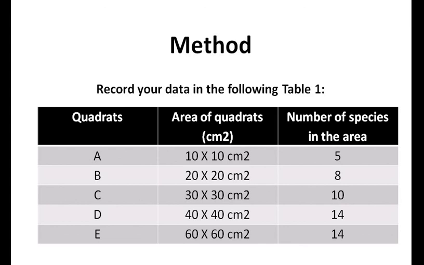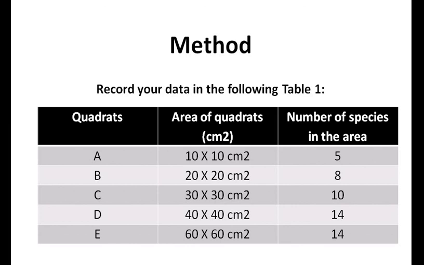Thus the increase in size of the quadrate was continued till the number of species encountered became constant. Additional species were found and recorded. The data was recorded in a table and a graph was drawn by putting the number of species on the y-axis against the area of the quadrate on the x-axis.